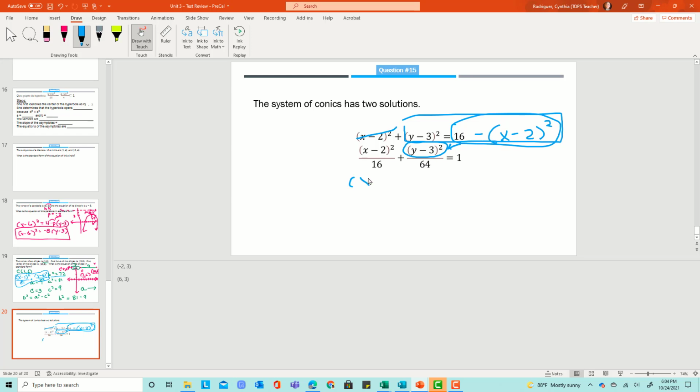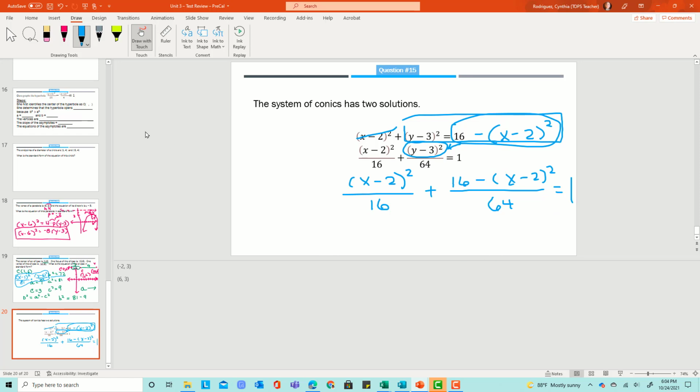So in the bottom equation, I have (x minus 2) squared over 16 plus, now here's where I'm going to substitute, (16 minus (x minus 2) squared) over 64 equals 1.